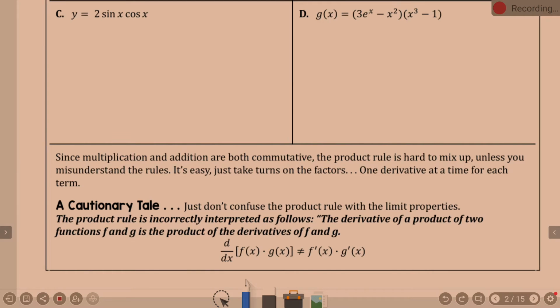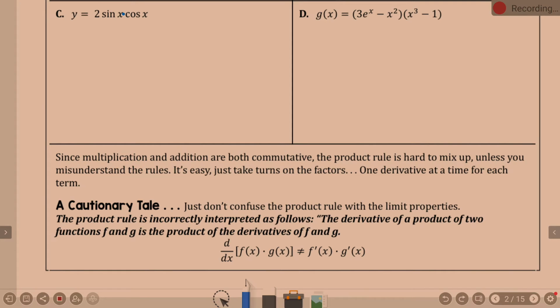Move off polynomials a little bit and try one with trig functions. Okay. Do you see the two pieces being multiplied here? Basically, there's a sine x and a cosine x, right? Now, that 2 could go with either piece. Logical to me is to say that we're thinking of this as 2 sine x times cosine x. Okay?